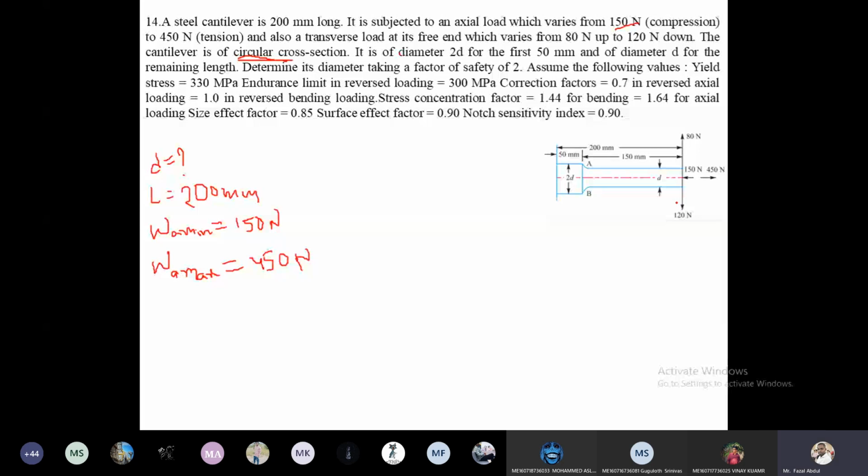It is taking so much time, so we will directly start the problem. So this is the given data.